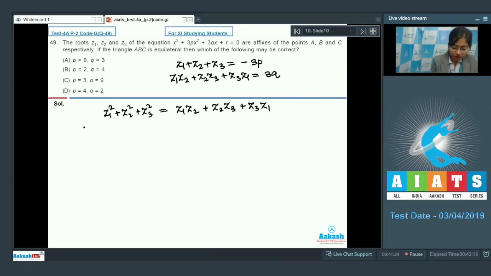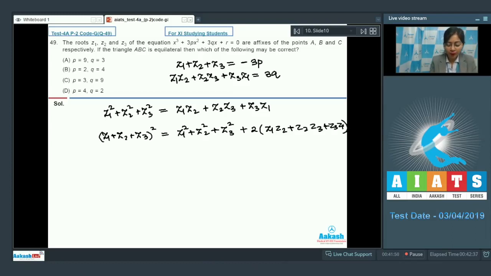Now also we know that z1 plus z2 plus z3 whole square, its formula is equal to z1 square plus z2 square plus z3 square plus 2 times z1 z2 plus z2 z3 plus z3 z1. This is a very basic property, we know about it.